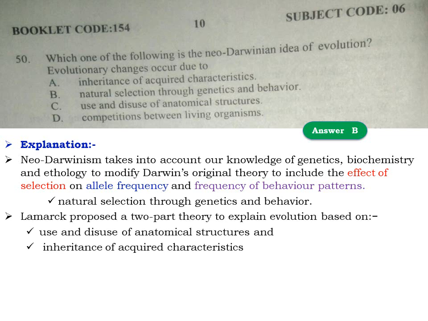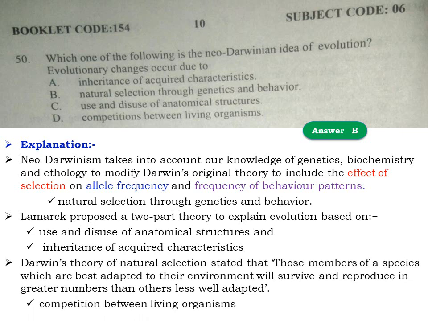Lamarck proposed a two-part theory explaining evolution based on use and disuse of anatomical structure and inheritance of acquired characters. Darwin's theory states that members better adapted to the environment survive more, and the greater number of those less adapted are reduced. Competition between living organisms is stated by Darwin.